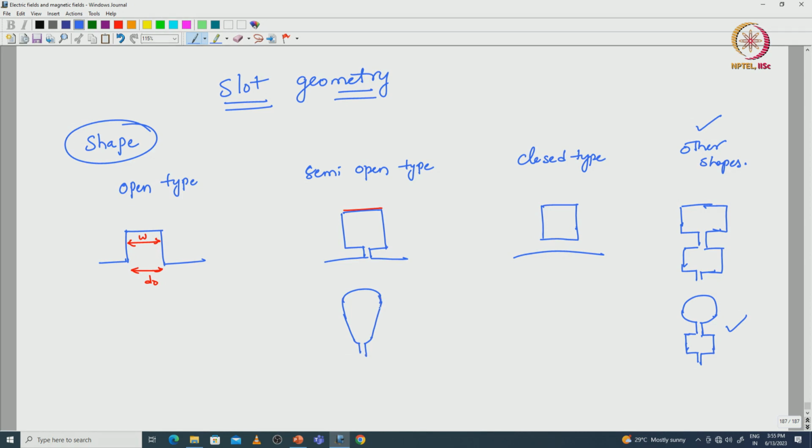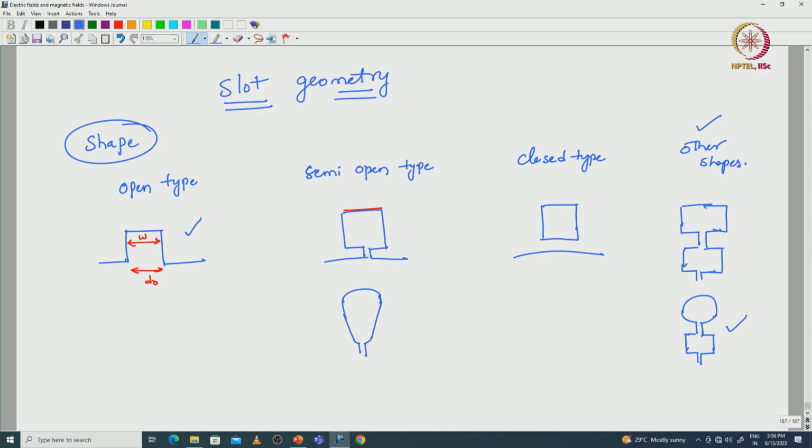We can see the structure here, some type of slot shape, semi open type. So, stator lamination I am showing here, this is semi open type of slot shape. Similarly for DC machines and special machines, we will see the open type of slots in this manner.